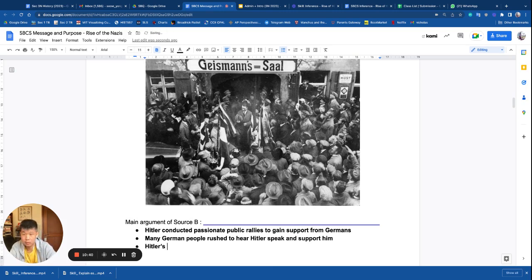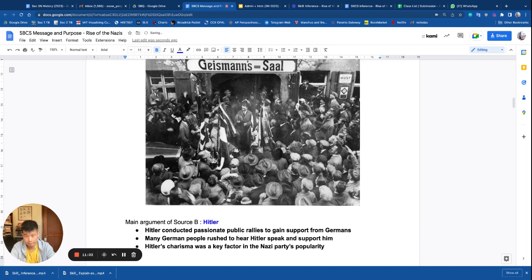And from these two ideas, I could even generate a third idea, which is Hitler's charisma was a key factor in the Nazi party's popularity, right? So in fact, I can start weaving together these ideas into a main argument.